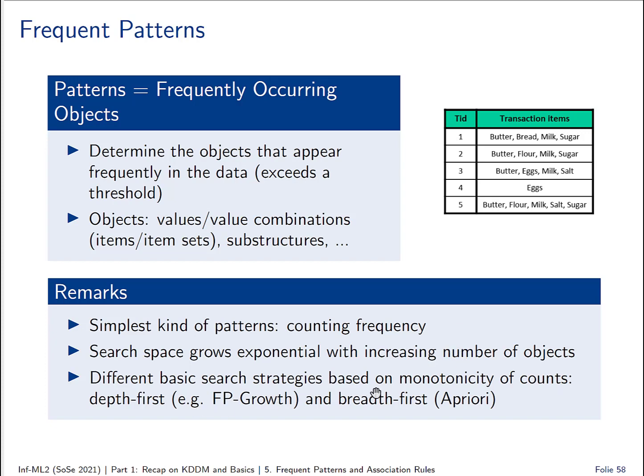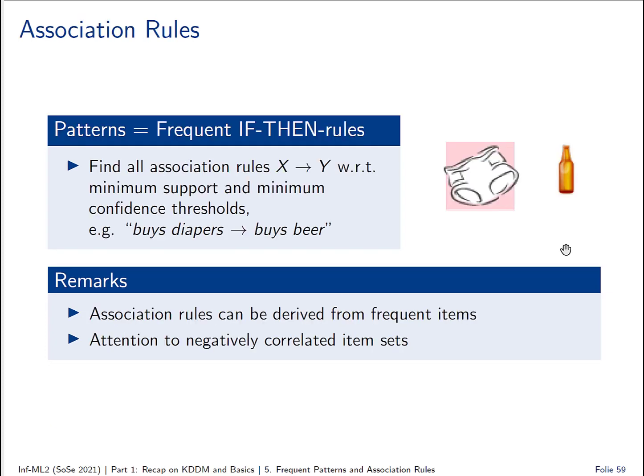Since the search space has a lattice structure but is still very huge, sometimes it's better to use depth first, and sometimes breadth first. And there is an ongoing discussion which one is better under which conditions.